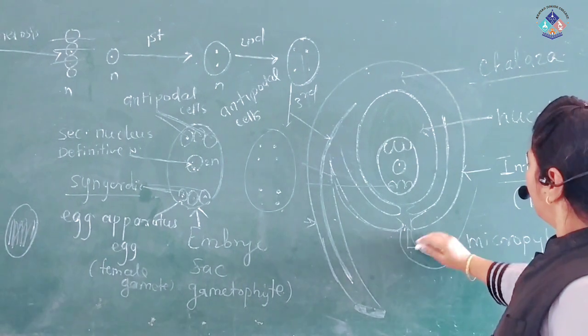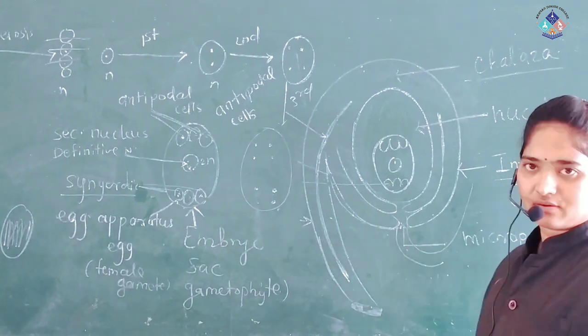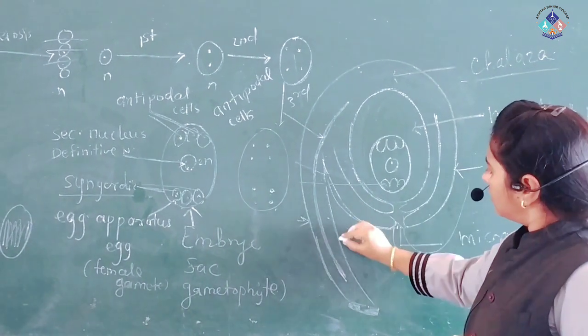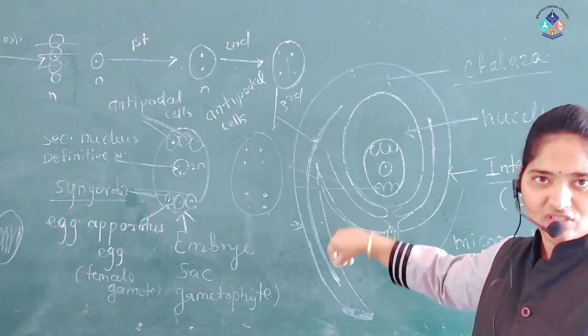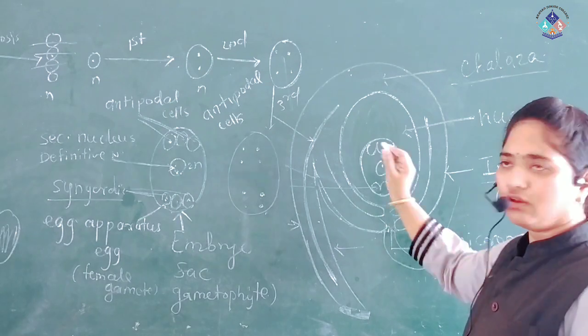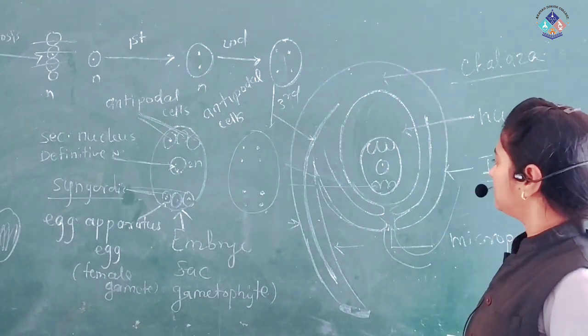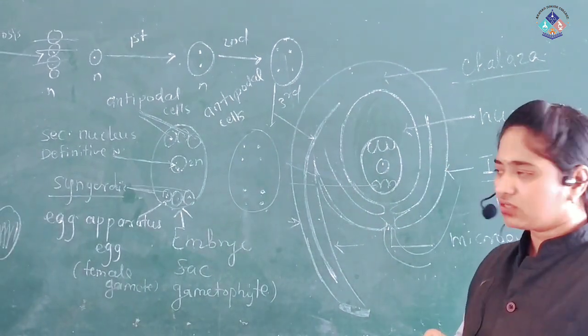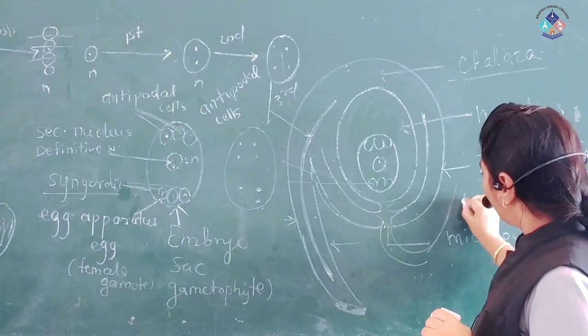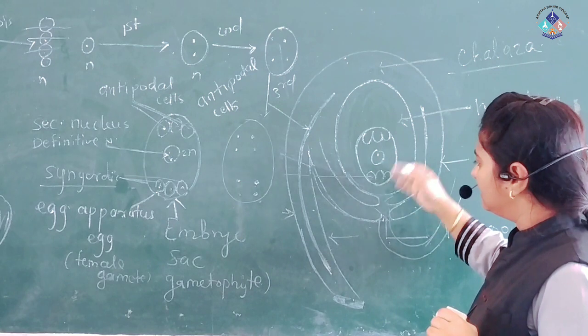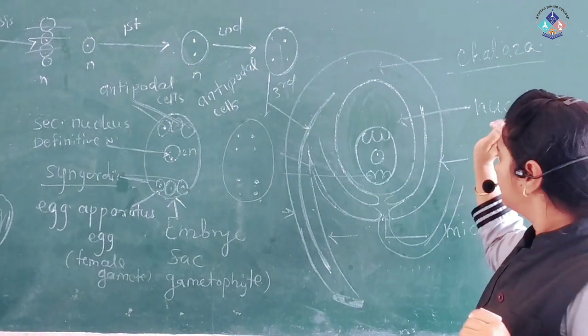Now we'll see the function of each part. The stalk, the funicle, is important for the support of the complete ovule. Chalaza is the base. Integument is for protection. The micropyle is the opening through which the pollen tube is inserted into the ovule.